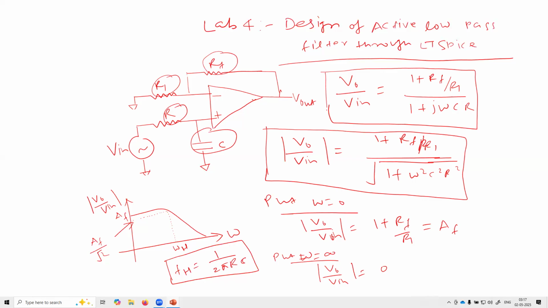Now we are going to discuss that. There are some design steps for any filter that we will follow, and we will achieve the values of components that we are going to use for the design of the filter.